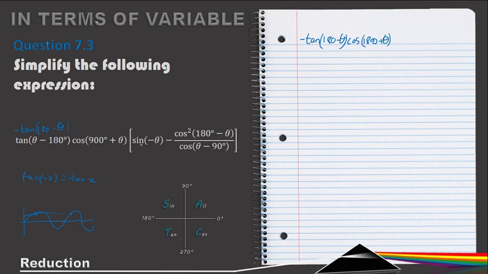Now for this part over here, we know sine of minus theta becomes negative sine theta over there, and then minus, then we have squared. Now this expression, if I have cos squared theta, this is the same as cos theta all squared. This is just the notation that we use, but this is what's actually happening.